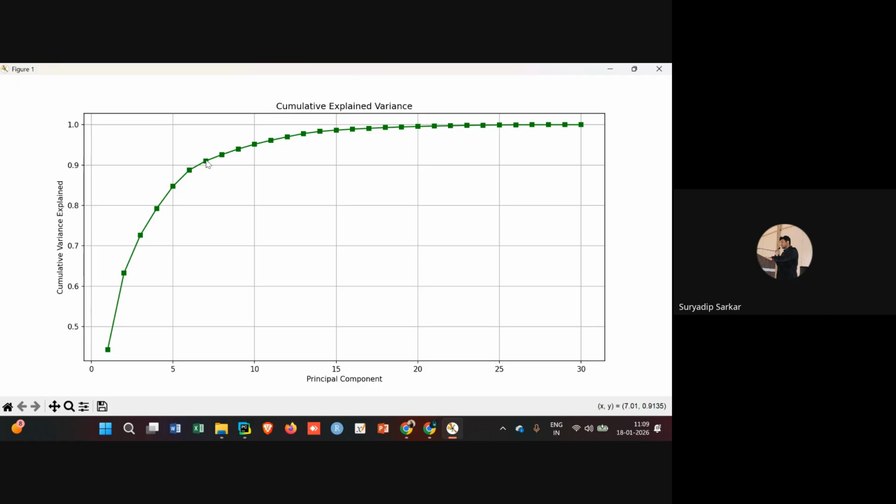So I can actually use only 7 principal components. And when I'm using 7 principal components, the amount of variance I'm explaining is 91.35%, which is not bad at all. Okay. So we can use 7 principal components instead of all the 30 features.